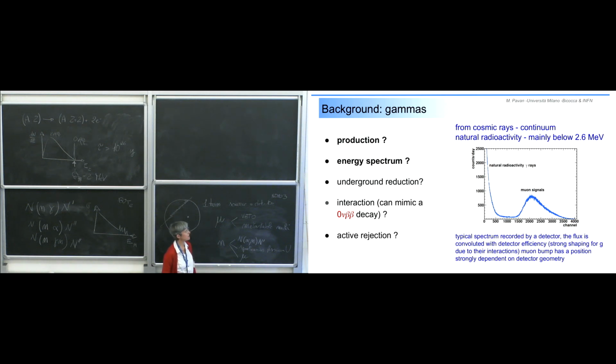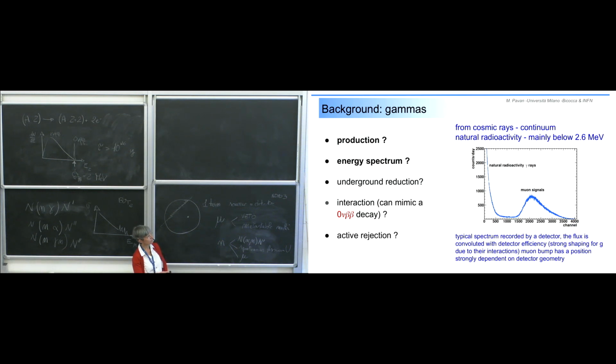So the final step is gammas. When I'm underground, I still have environmental gammas. And here it's just a representative spectrum of what you could see if you measure environmental gammas either underground or above ground.